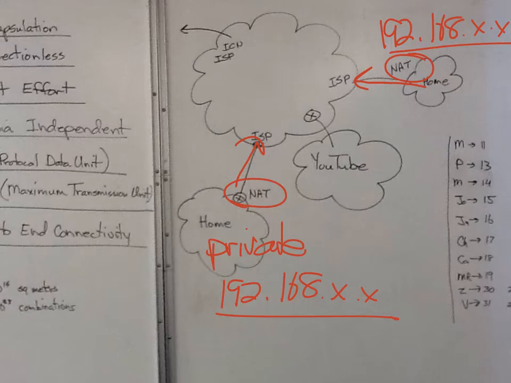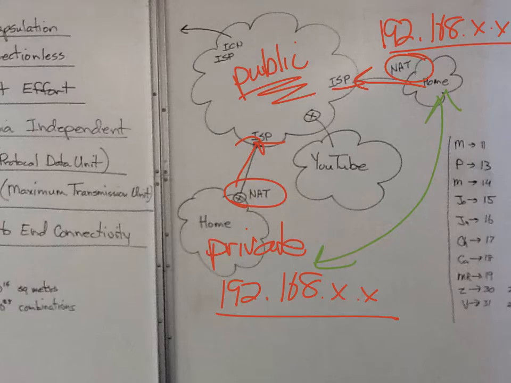And our ISPs, all those addresses are divided up so there's never any conflicts. So we could have the same address here, but it won't make a difference because once it's in the internet, it's going to be one of those public addresses.